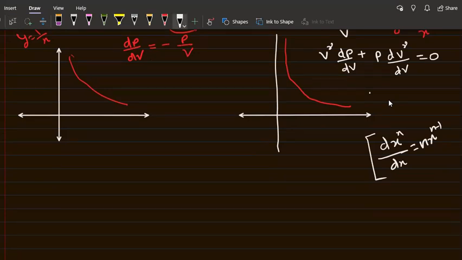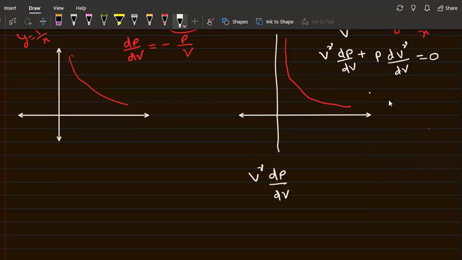I hope everyone is understanding step by step. I'm trying to explain step by step, so if you don't get any step, please ask. So V to the power gamma dP by dV plus P. Now differentiation of V to the power gamma is gamma V to the power gamma minus 1, is equal to 0.